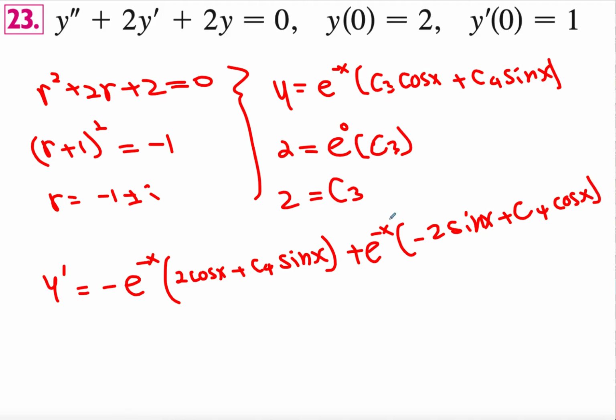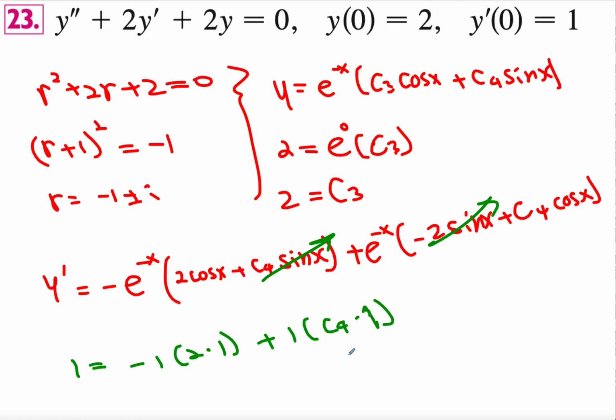Now when you plug in 0 for x, the sines disappear. Then we get 1 equals negative 1, because e to the 0 power equals 1, times 2 times cosine of 0 becomes 1, plus 1 times c sub 4, and cosine of 0 equals 1. Then you can see that 1 equals negative 2 plus c sub 4.